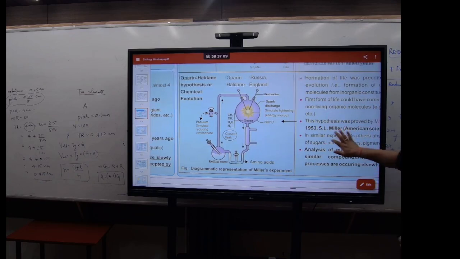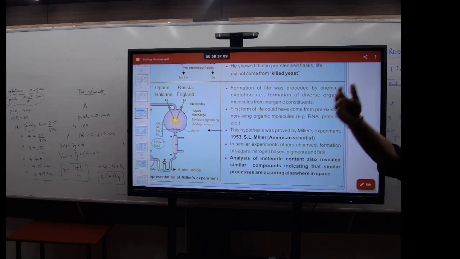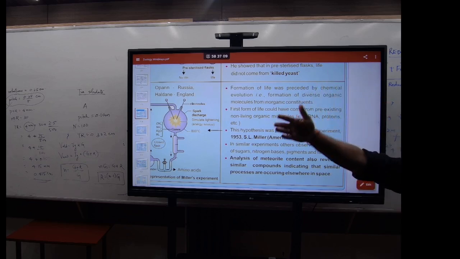According to them, see, this is a statement. Before life originated, there was evolution of chemicals. Means first there were inorganic molecules. Because of the catalysts existing on that earth, they helped to convert these inorganic molecules into organic molecules.